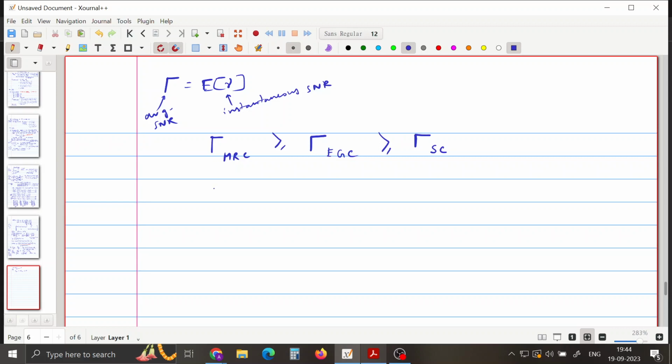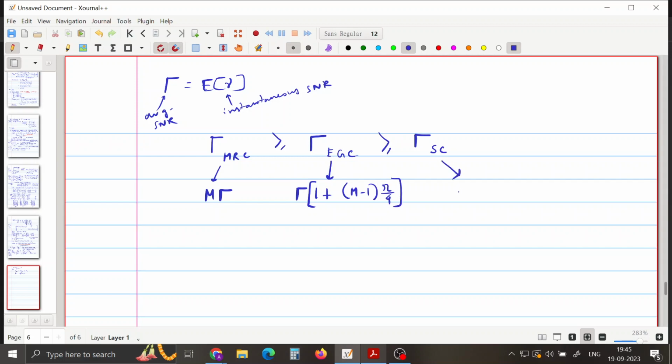For gamma MRC, you add all the gammas together m times, which gives you m times gamma overall, right? For equal gain combining, which is co-phasing actually, you get gamma times 1 plus (m minus 1) times pi by 4.